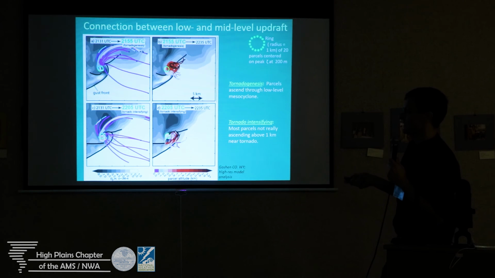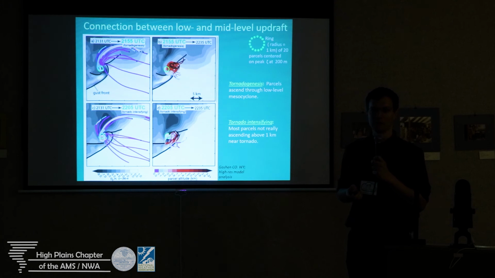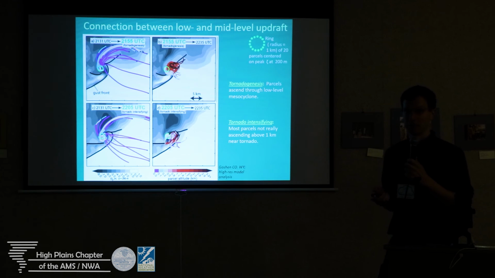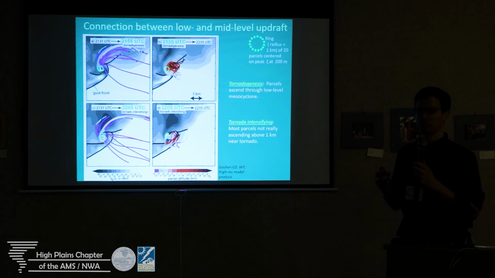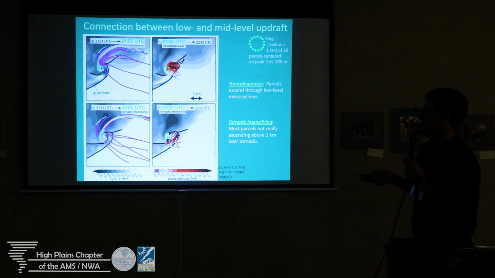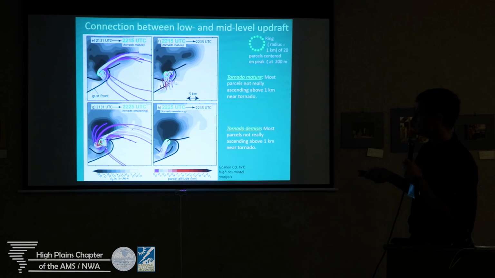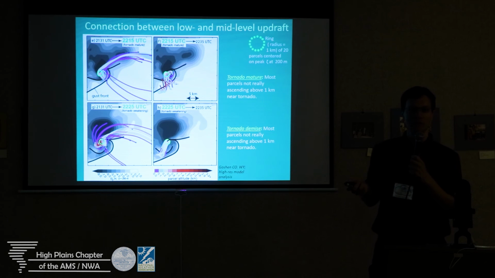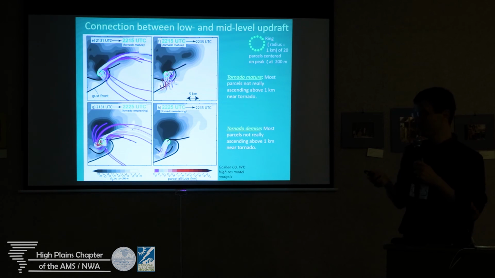After tornado genesis, the low-level updraft and the mid-level updraft are comparatively not really talking to each other anymore. And the tornado doesn't seem to care. It's very selfish. All it cares about is the updraft that's getting fed through it, basically at its representative altitude. It doesn't care about what's happening 3 or 4 or 5 kilometers above the ground quite so much, at least not directly. So that's one interesting change, what happens in the storm at genesis versus what happens afterward.